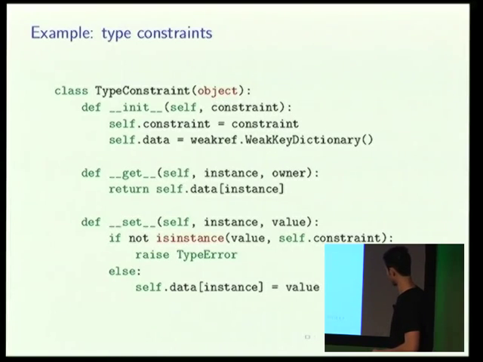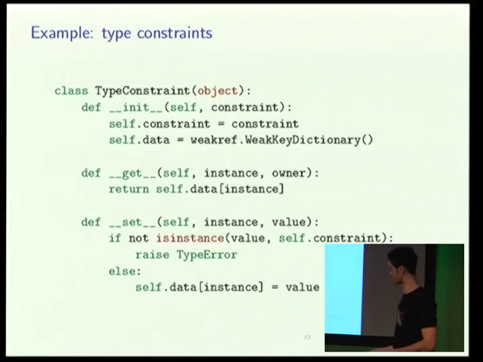__get__. Now this is what actually makes it a descriptor. The interpreter, when it's resolving attribute access, will look and see: does the type of the object that we're performing the attribute access on, for this attribute, is it an object that has this method? If so, it's a descriptor.